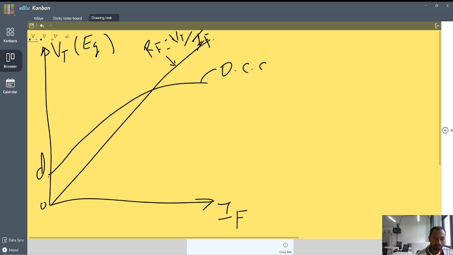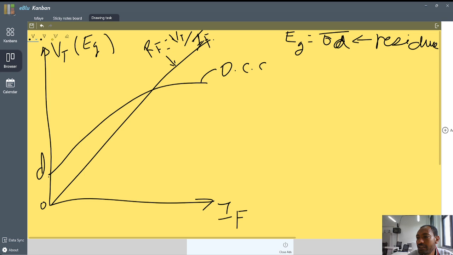Though the current is zero, the internal generated voltage is going to have some value. So right at the beginning, our generated voltage EG or VT is going to be of magnitude OD. Due to what is this?